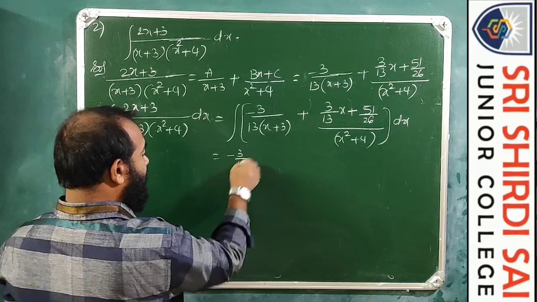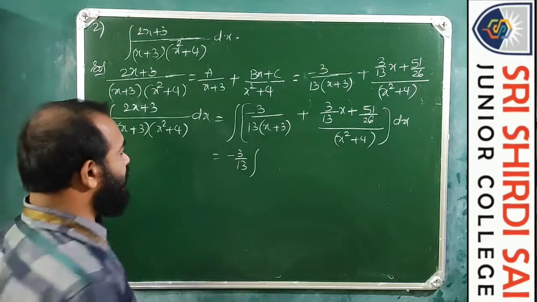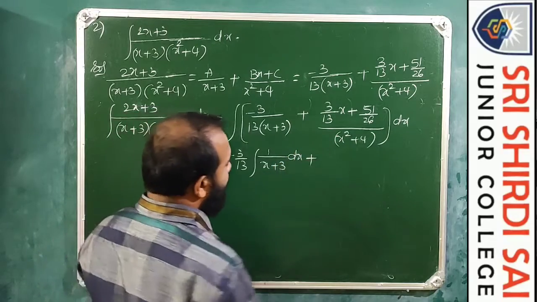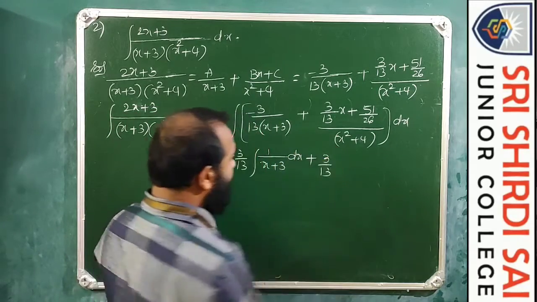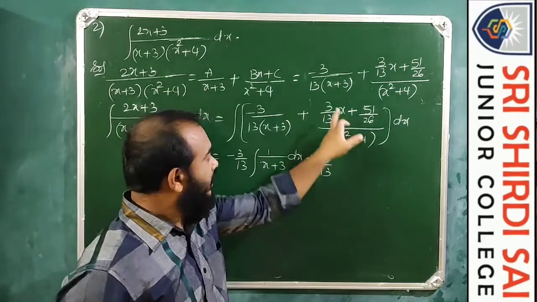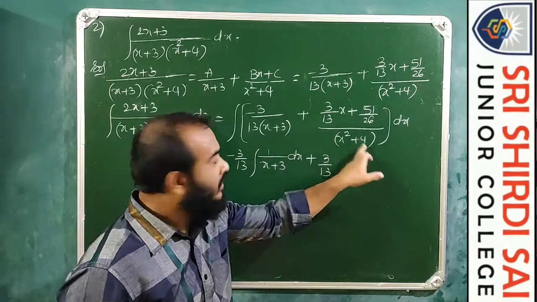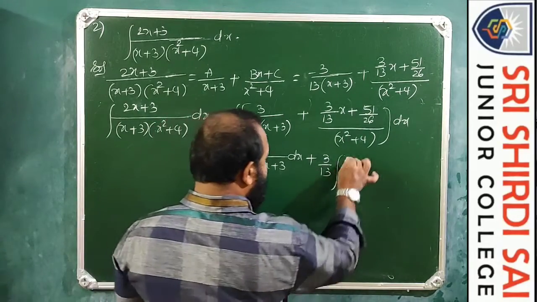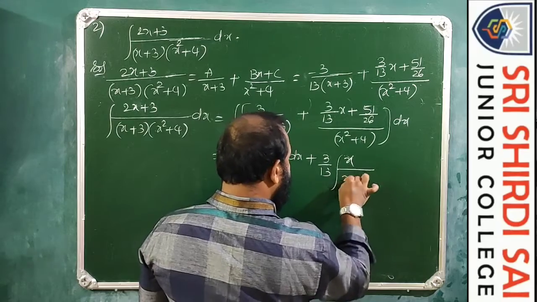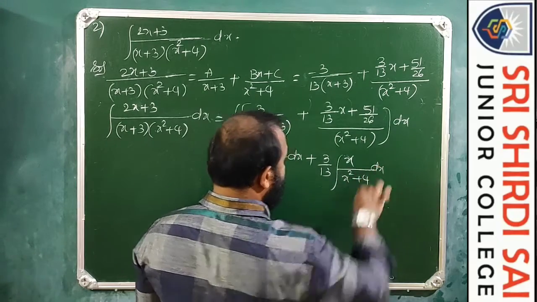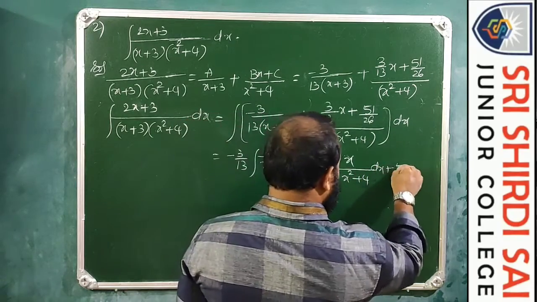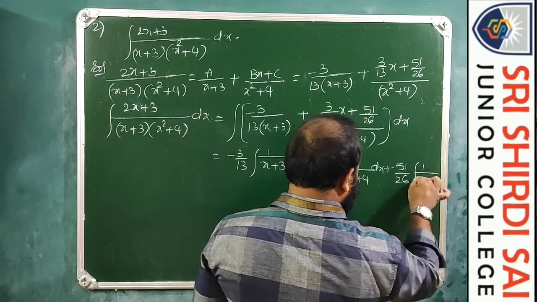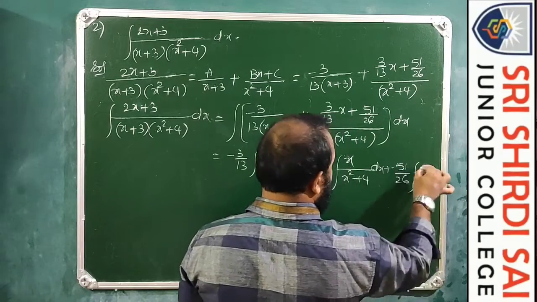Minus 3 by 13 I have separated from the process of integration: 1 by (x plus 3) dx plus 3 by 13. So this is A plus B by C, A by C plus B by C. Integral dx is distributed for both of them. So integral x by (x square plus 4) dx plus 51 by 26 integral 1 by (x square plus 4) dx.